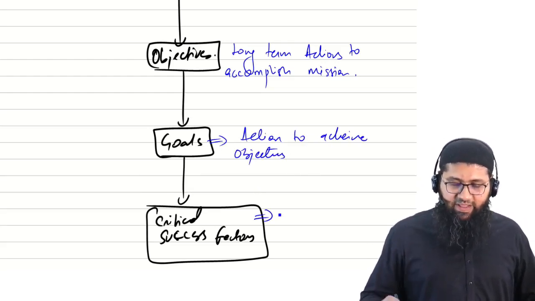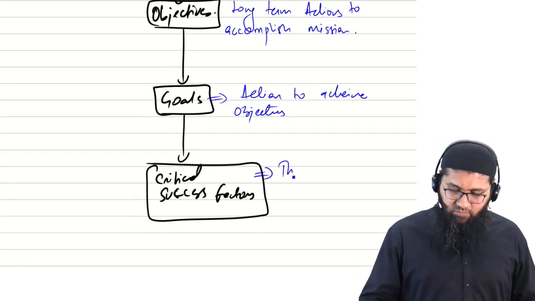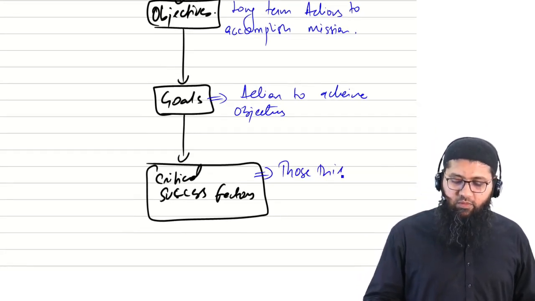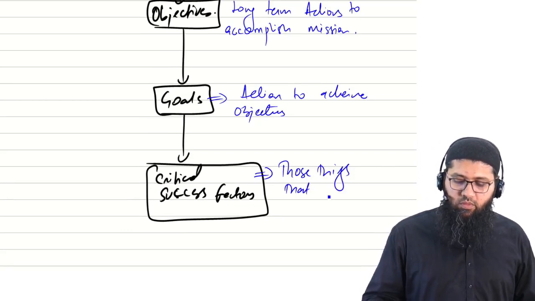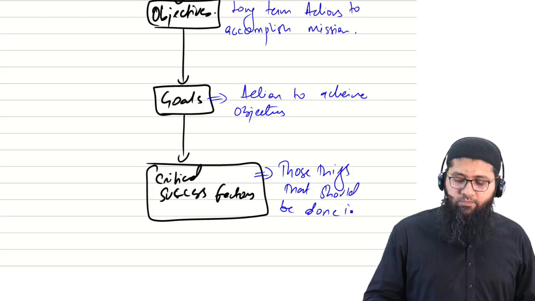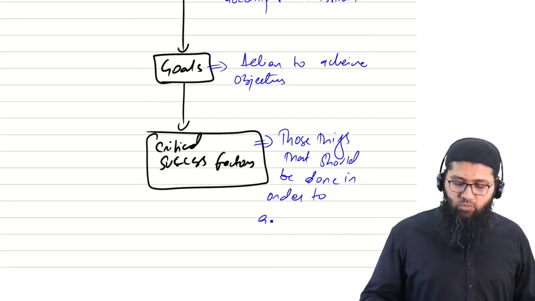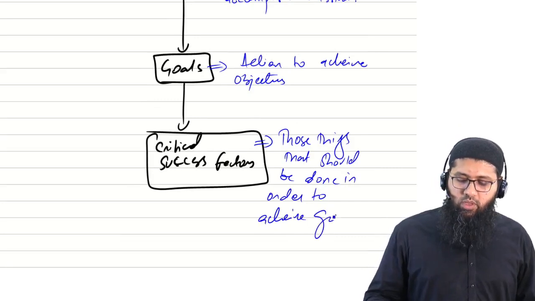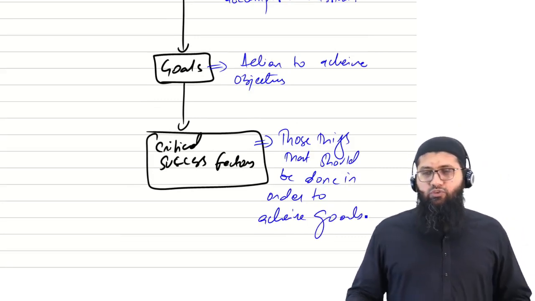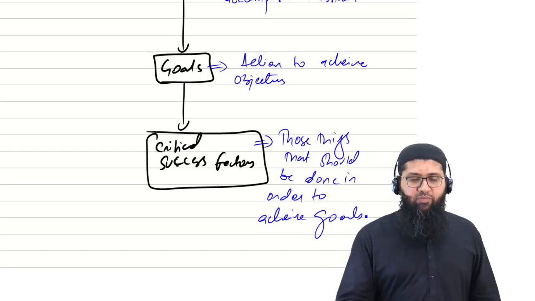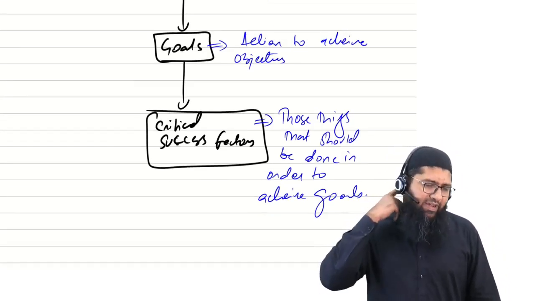And lastly, the critical success factors, those things that should be done in order to achieve goals. So generally, the performance management hierarchy of any entity is like this.